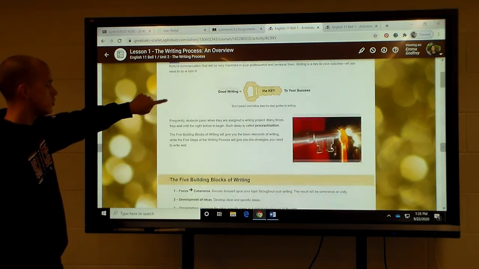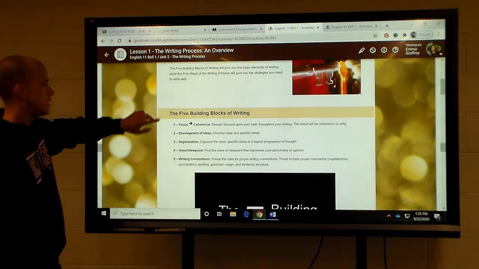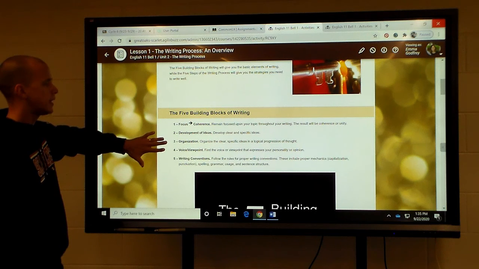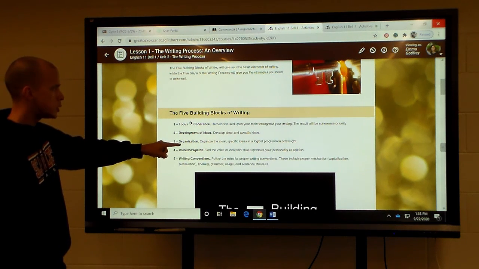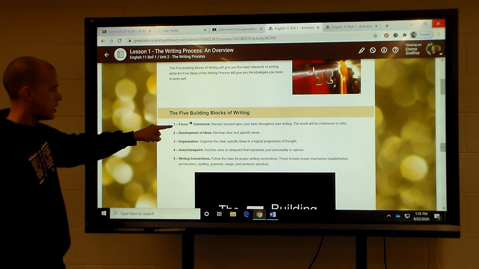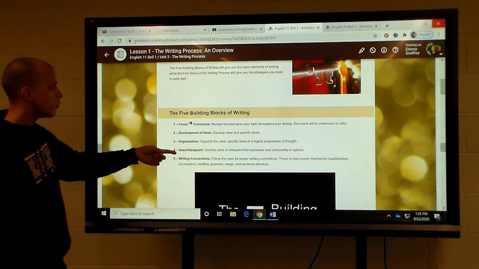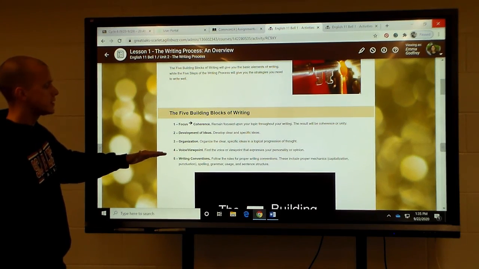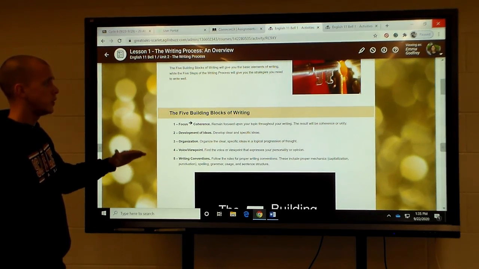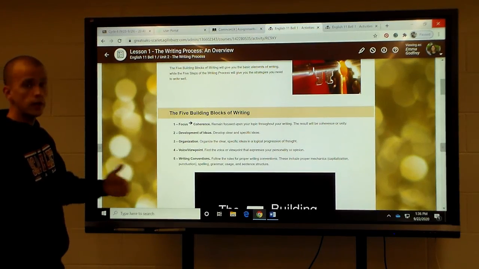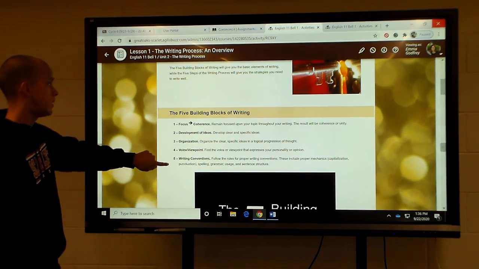So if you scroll down, you will see a lot of words that mimic what we already talked about, like organization and focus, conventions related to some of the other PLP lessons. And you might see a few new ones like voice and viewpoint, but these concepts are all very, very similar to what you've already been exposed to in other lessons and our writing assignment.